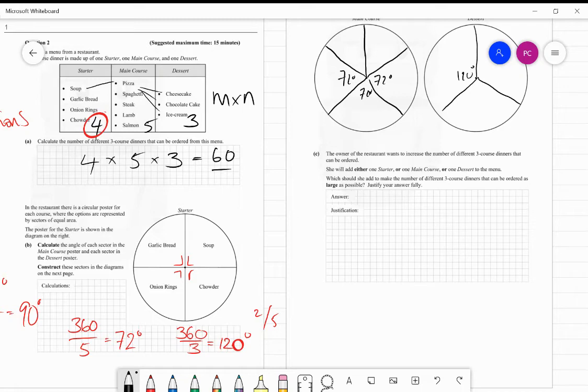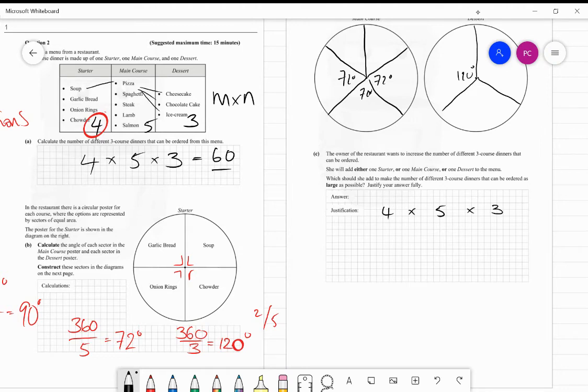Okay. Part C then, the owner of the restaurant wants to increase the number of 3-course dinners that can be ordered, and she'll either add 1 starter, 1 main, or 1 dessert to the menu. Which should she do in order to increase the number? Well, currently we have 4 by 5 by 3.